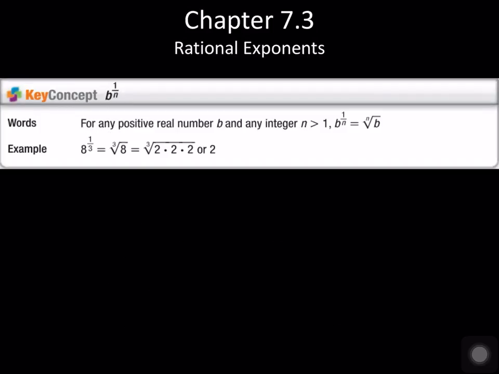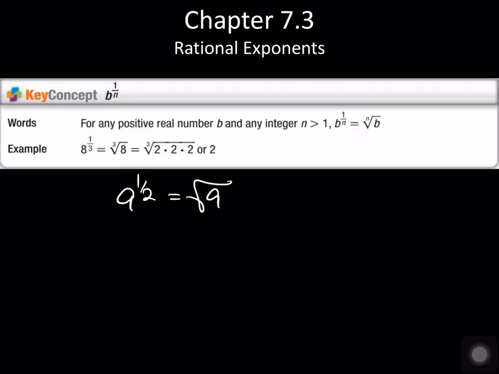Okay, one more rule here. So a fractional exponent other than 1/2, right? So we kind of did one earlier where we had 9 to the 1/2 power, and that meant the square root of 9. This property though says that works for any number that's the bottom of a fraction, right?